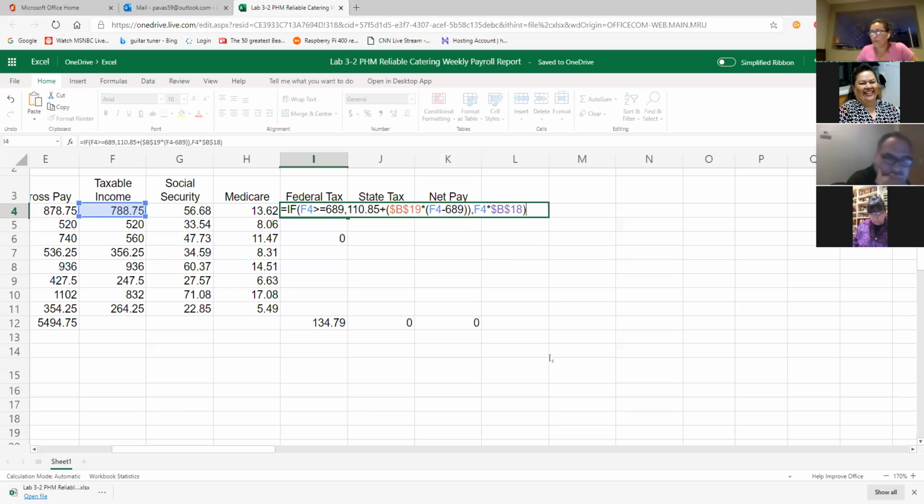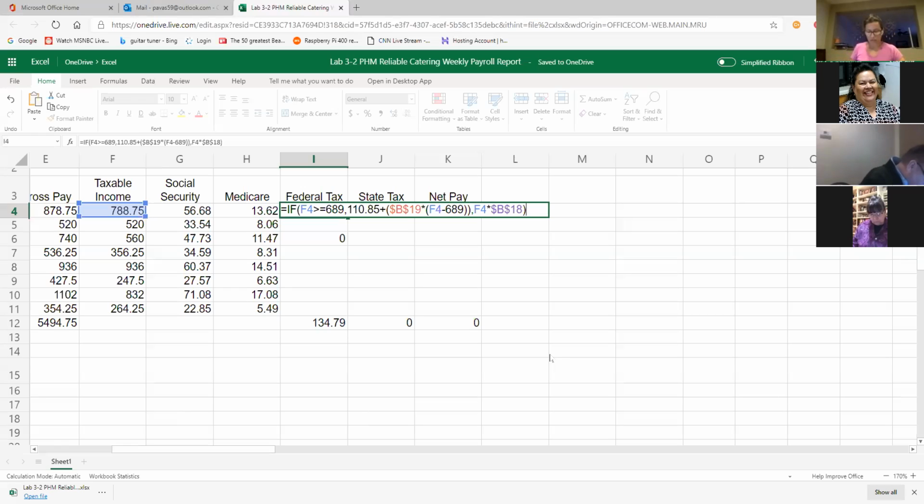It has to be the absolute reference, which is F4. You can do F4, but if it doesn't work, just do the dollar signs. Dollar sign B and dollar sign 19. And the other one is B18, the previous one.